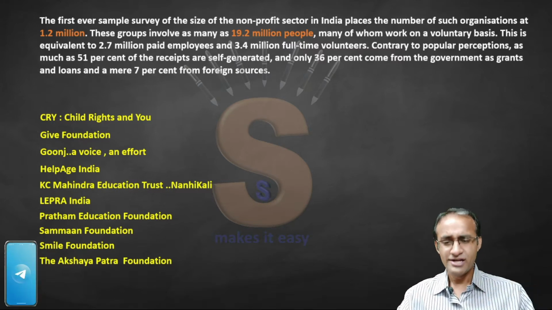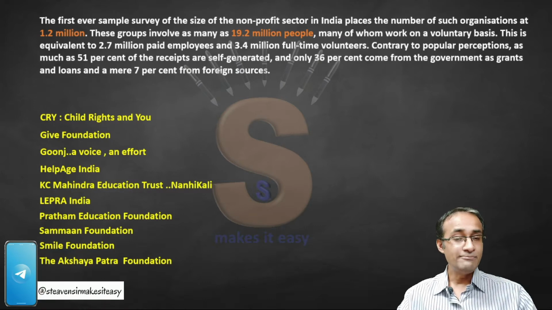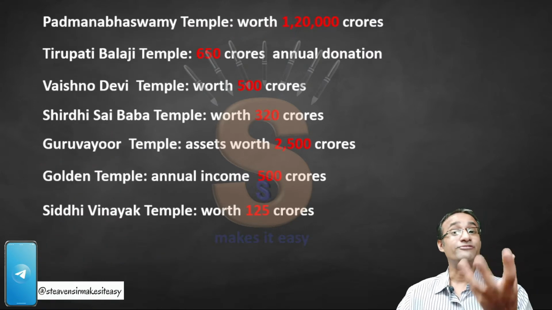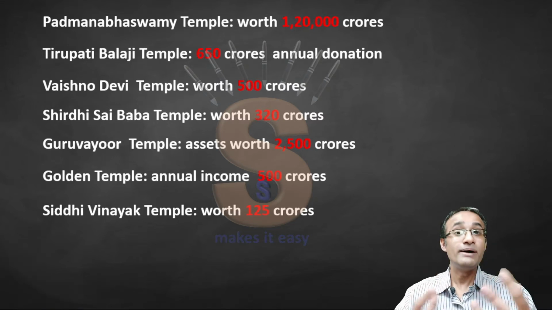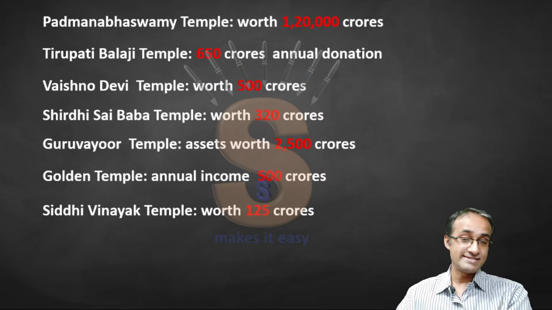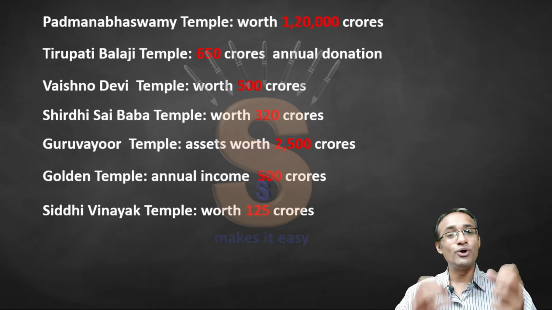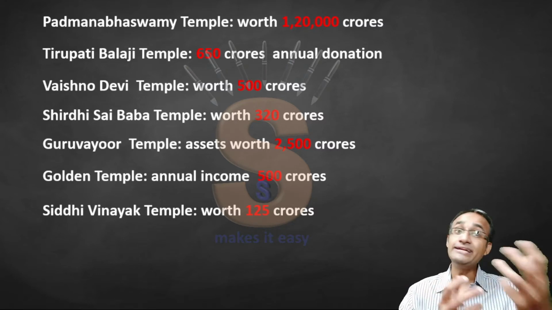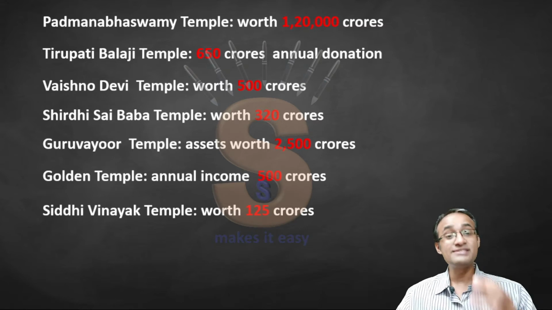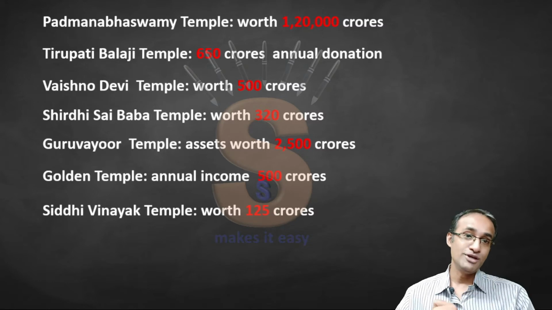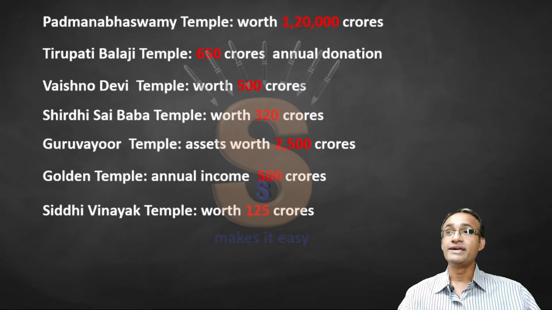I did mention, through examples of the value of certain religious organizations in India, that the amount of money involved in these is a lot, because they receive a lot of national and international donations. Because there is such a lot of money involved, the trustees are accountable, the managing committee is accountable to explain how that money has been utilized, how were the donations utilized. So keeping a record of all of this becomes extremely important.